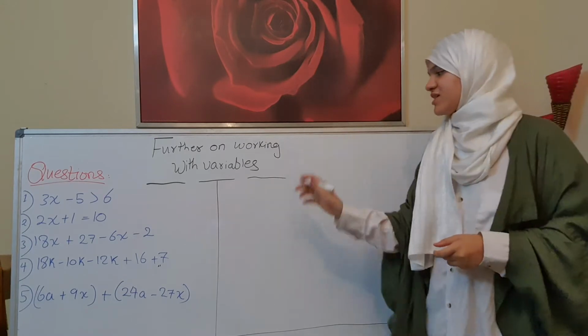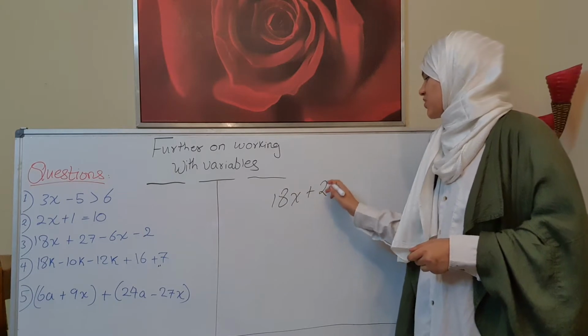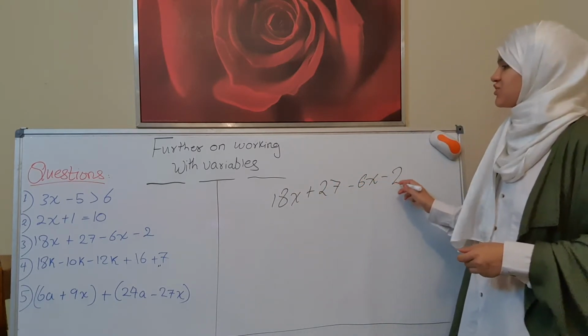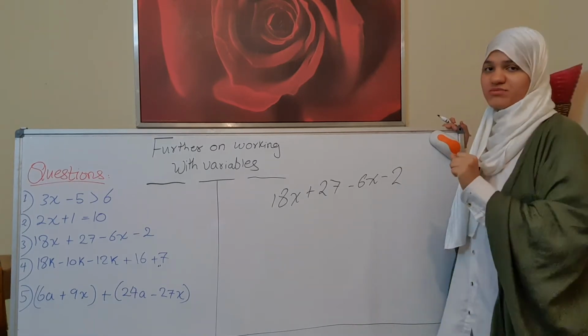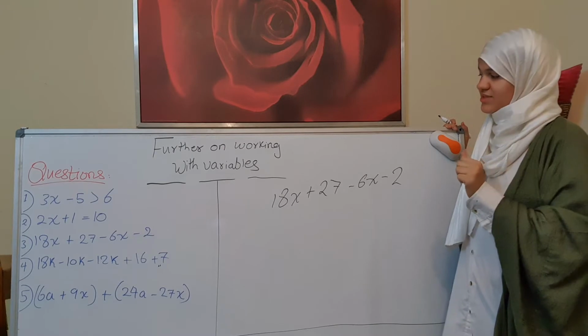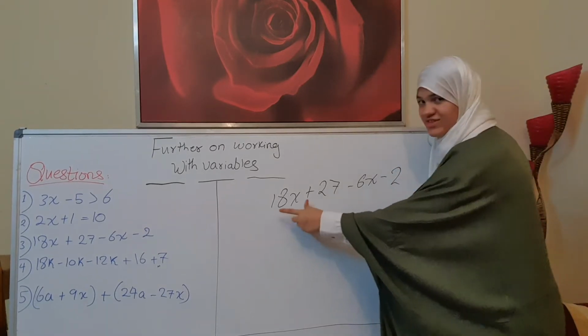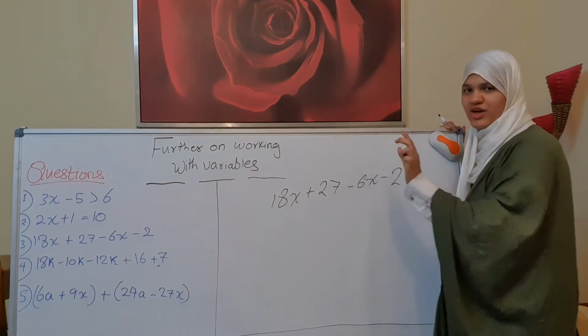Now, question number 3 says 18x plus 27 minus 6x minus 2. Now, what we have here are two kinds of like terms. For example, in this term we have the variable of x, but in this number we don't have any variable.